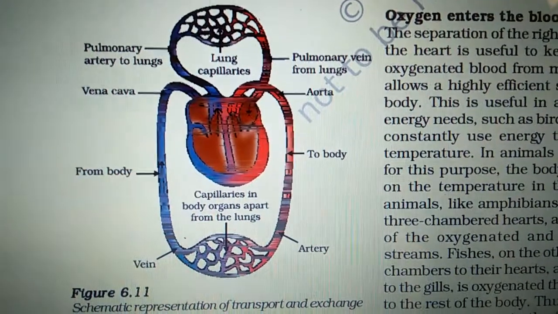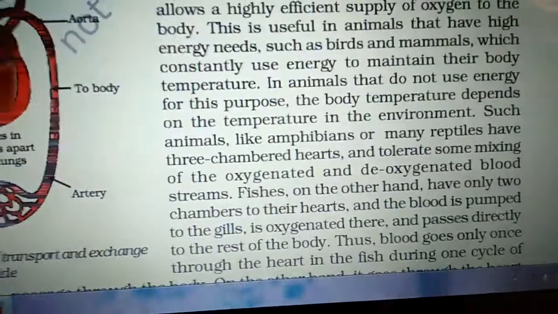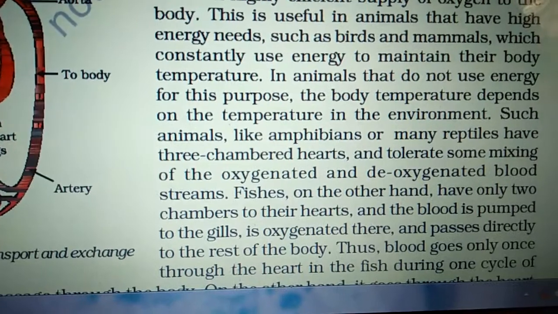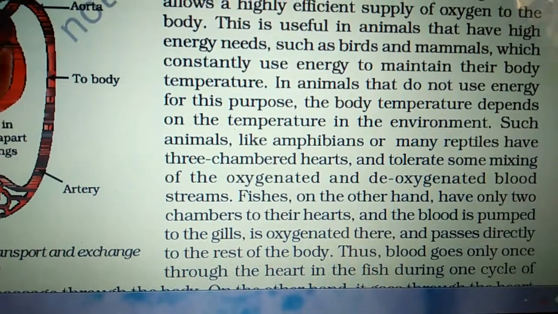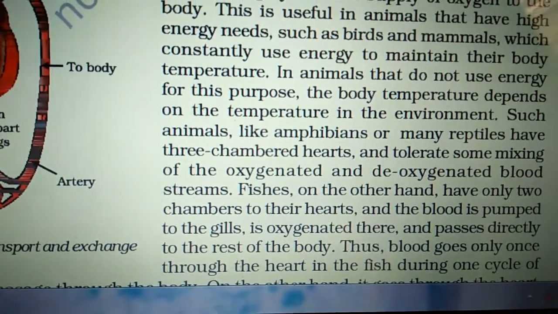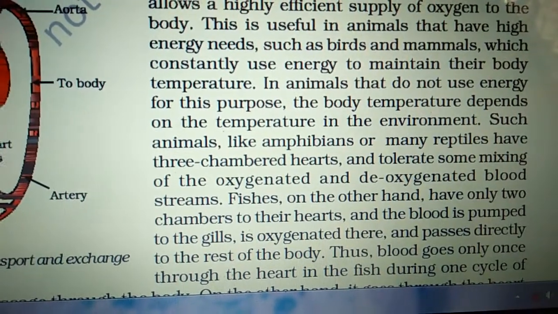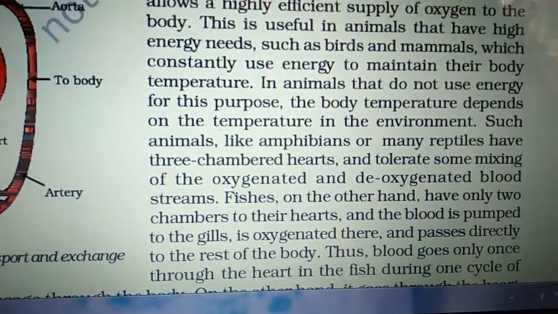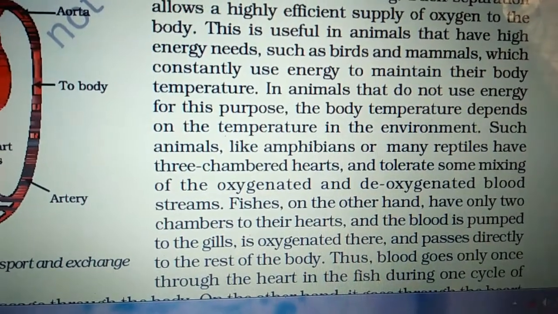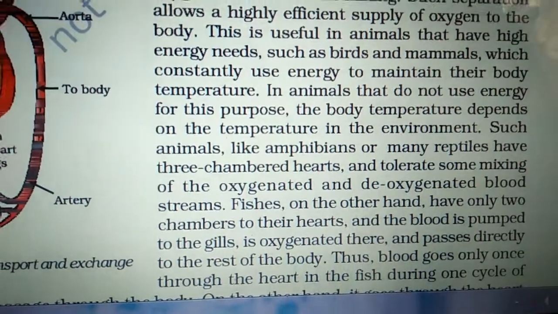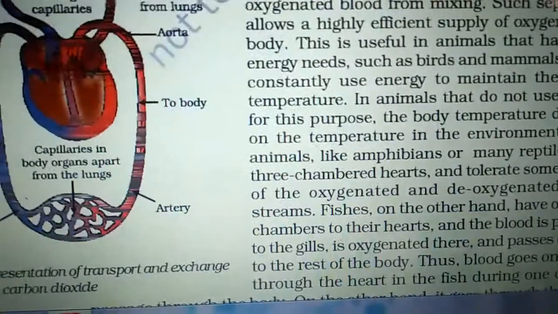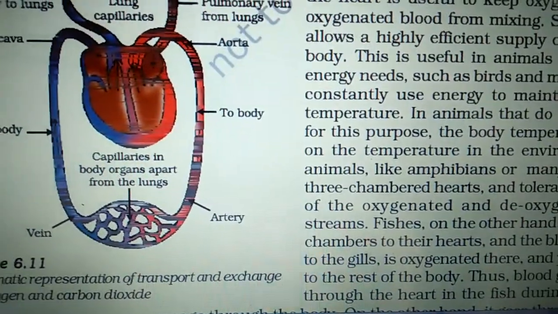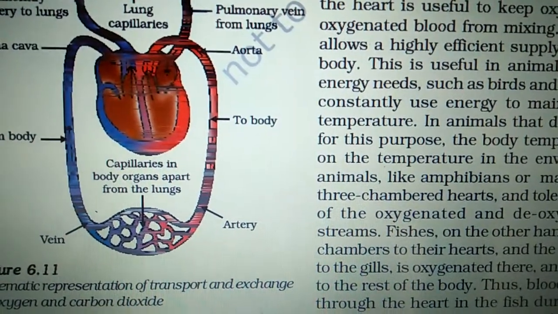Fish are cold blooded animals, and fish can change their body temperature according to the environment. In fish, there are only two chambers in the heart, one atrium and one ventricle. So there is mixing of oxygenated and deoxygenated blood, but the energy requirement of the fish's body is very less, because it can change its body temperature according to the environment.